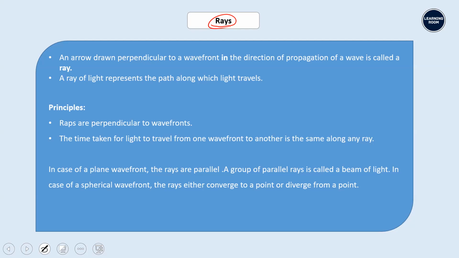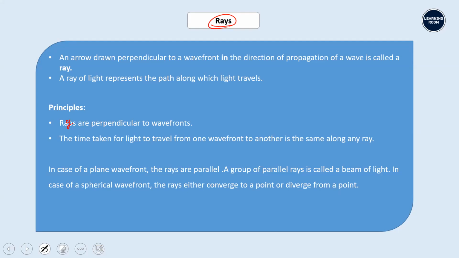Okay. Now comes an important point. We discussed what a wavefront is, right? Now, what are the principles associated with it? So, rays are perpendicular to wavefronts, right?